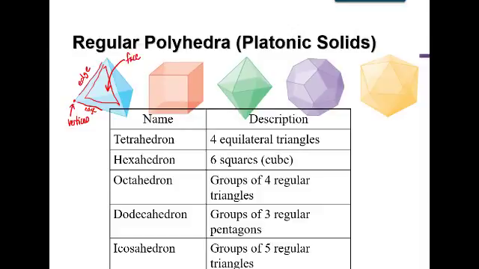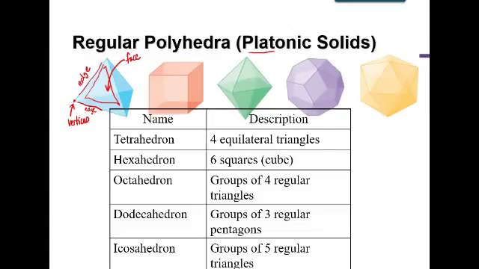And so if the face is a regular polygon, and all the faces are the same, then we get these regular polyhedra, also referred to as Platonic solids after Plato. So tetrahedron would have 4 equilateral triangles. Hexahedron would have 6 squares. It's really a cube is what we call it in everyday language.